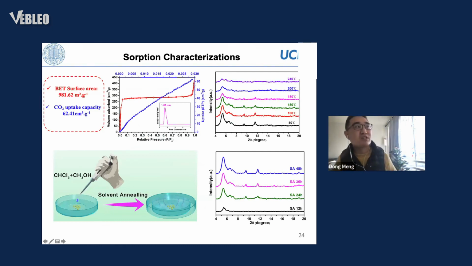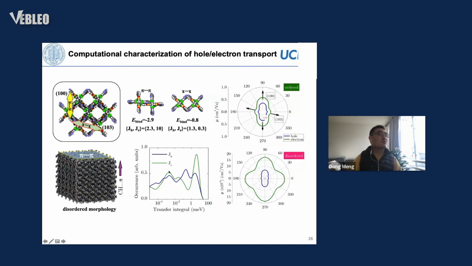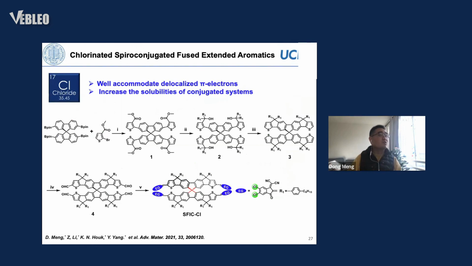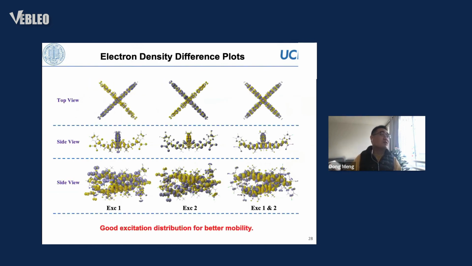For the PiOF materials, we did the characterizations. We did BET, transistors, and DFT to get the hole transport layer. So why does it help transistors better? We use the characterizations to get better applications.